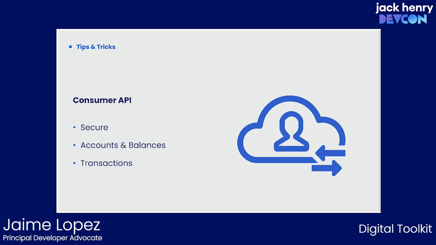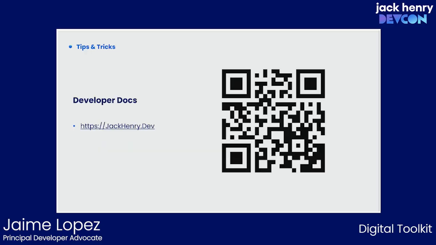That's the same API that Banno itself, Jack Henry itself, uses to build Banno's UI. It's a great way to securely retrieve the user's accounts, balances, and transactions. It goes together really well, like peanut butter and jelly. If you somehow didn't notice on your cup that there is a jackhenry.dev URL and there's a QR code, here it is again for you nice people.